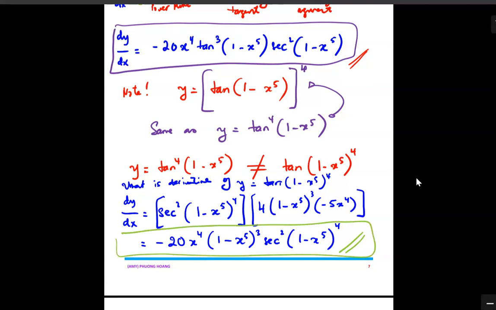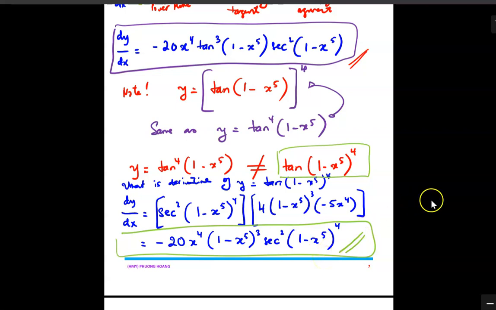So for this particular function right here, so you see this one, you don't have the tangent to the exponent 3 times 1 minus x to the exponent 5, right? So because you don't need to apply the power rule for your trigonometric function, but in this case you apply the power rule for your argument. So please note the difference between these two.